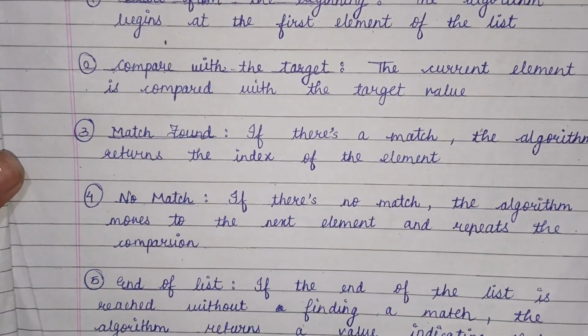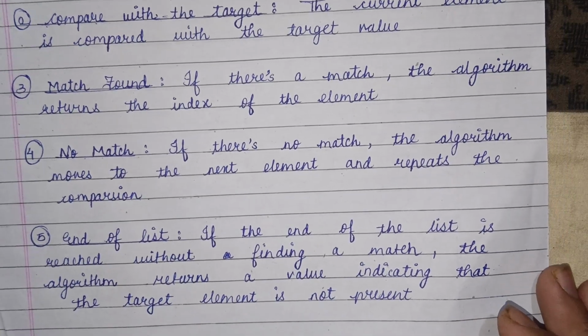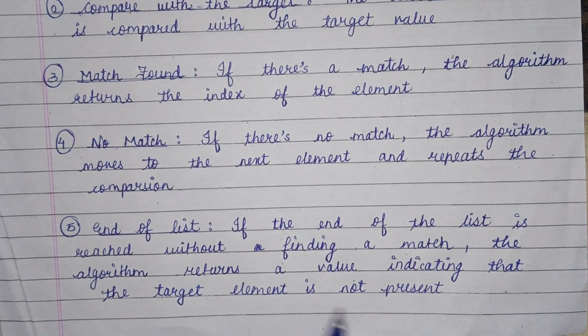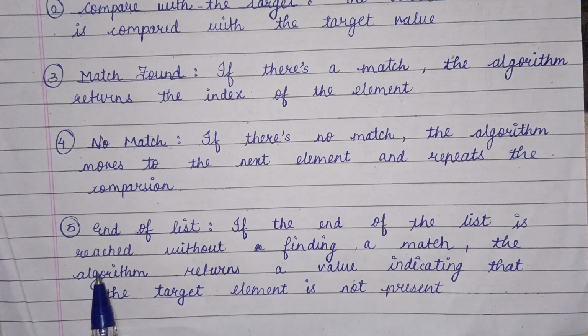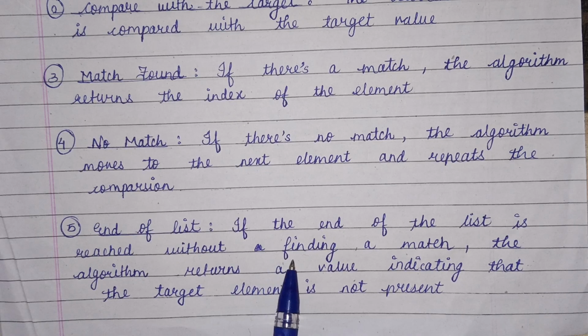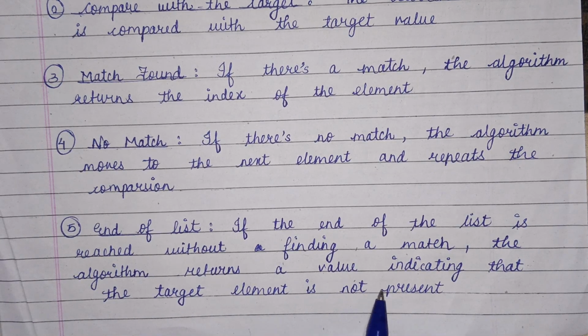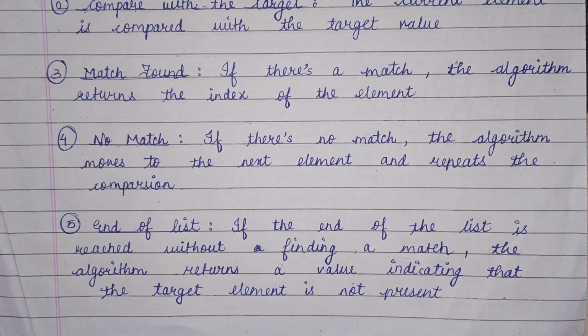Now the next point will be end of the list. If the end of the list is reached without finding a match, the algorithm returns a value indicating that the targeted element is not present in the array. It's checking the elements one by one, and we do not get any element that matches the targeted element.